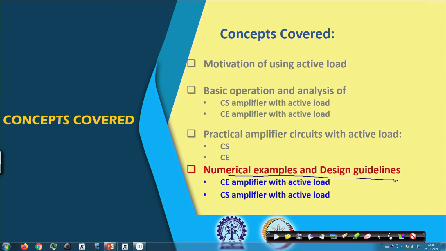While going through the numerical examples, we will also give hints towards how to design a circuit, specifically a CE amplifier having active load, and then a common source amplifier having active load. So, this is the BJT version and this is the MOSFET version.